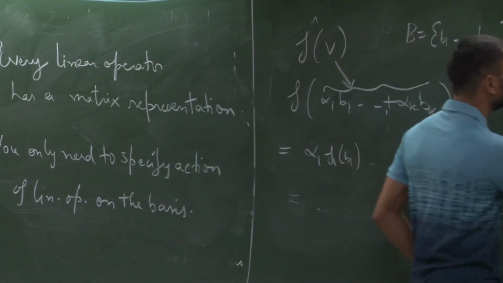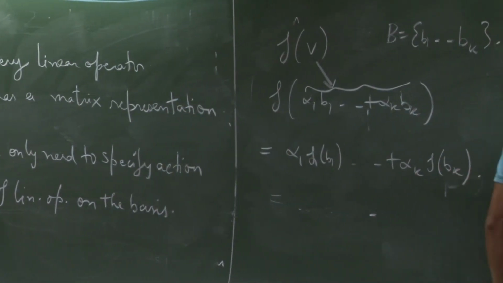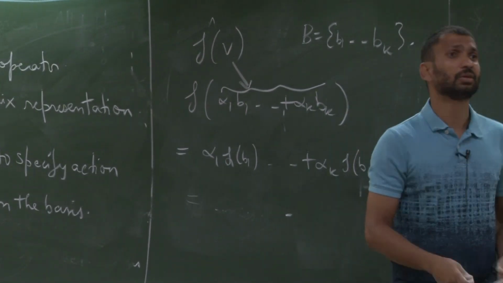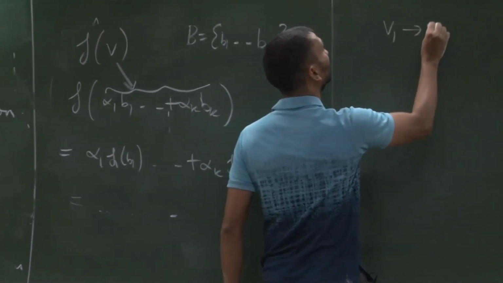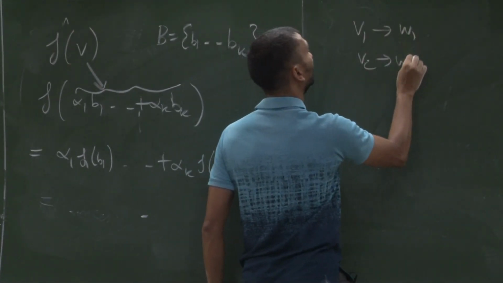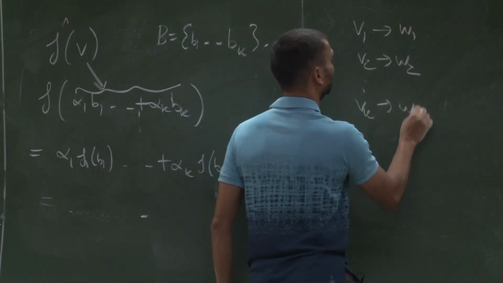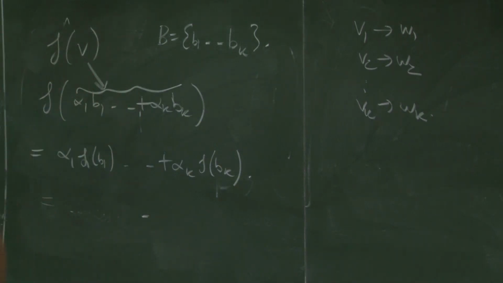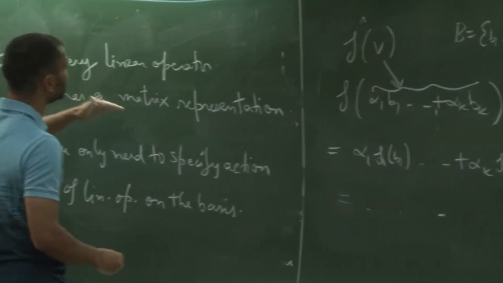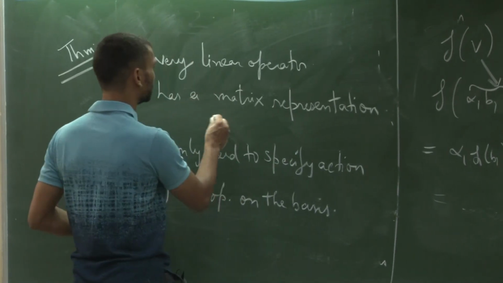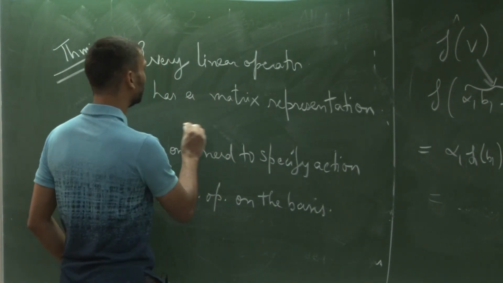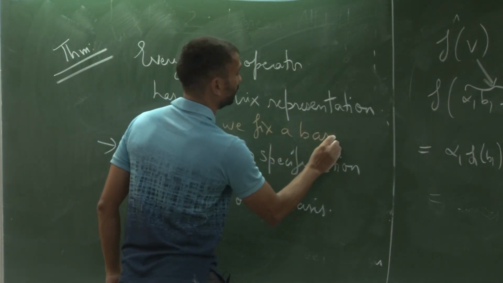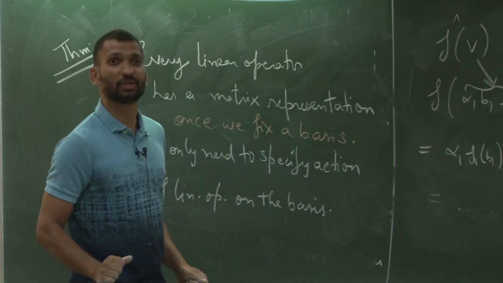Now I have a way to give you the linear operator. And every linear operator has a matrix. What is the matrix corresponding to this? Very good. So every linear operator has a matrix representation, and this is something which we forget, once we fix a basis.